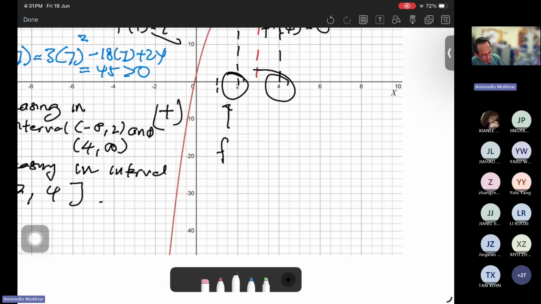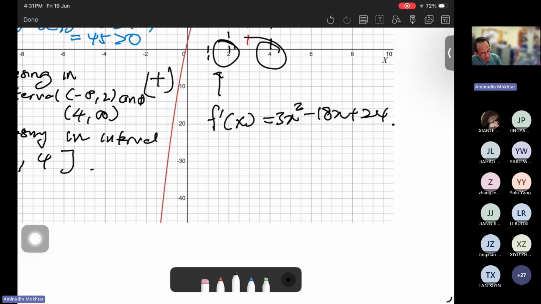First, we take the second derivative. The first derivative of the function is 3x squared minus 18x plus 24. The second derivative, we get, is 6x minus 18.